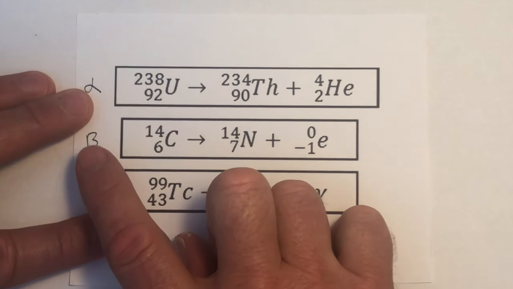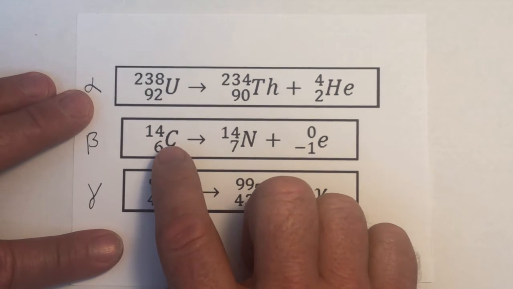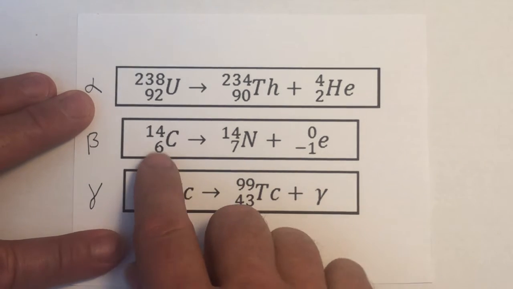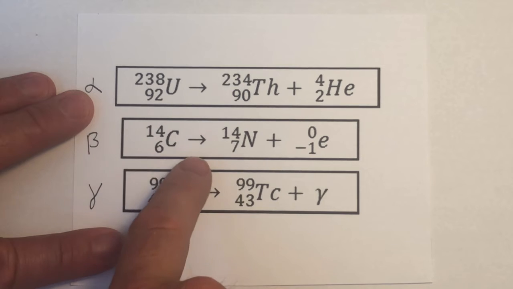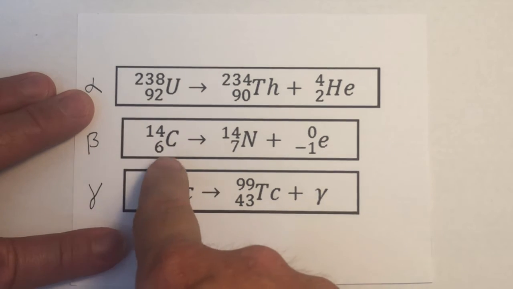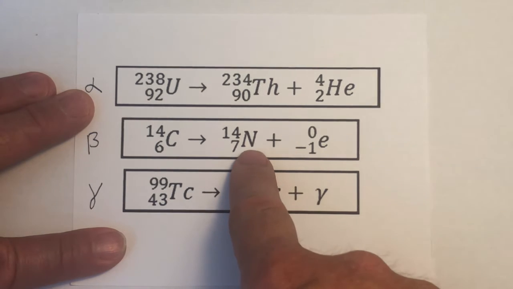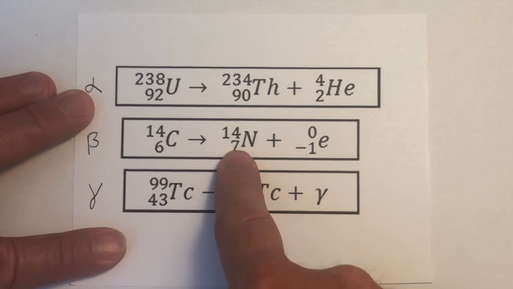Beta is when an electron is given off. Take carbon-14, so it's got 6 protons, 6 electrons, and 8 neutrons. That then decays, and the element itself changes. But this time the number of protons goes up.